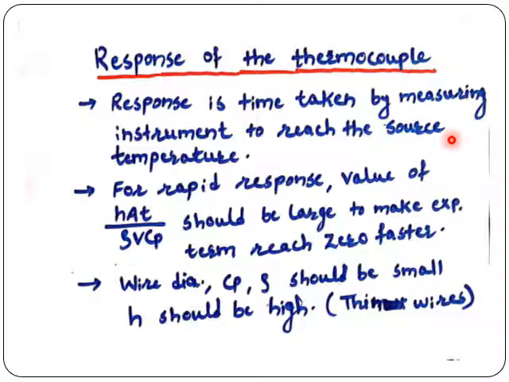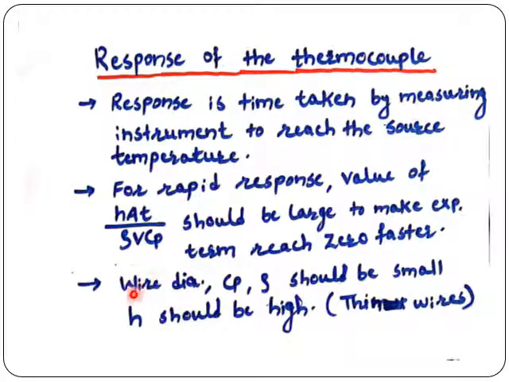Suppose you place a thermocouple in hot water at 100 degrees; the time required by the thermocouple to reach 100 degrees Celsius is called the response. For rapid response, this term hAt by rho V Cp should be very large, so that the time required is less.